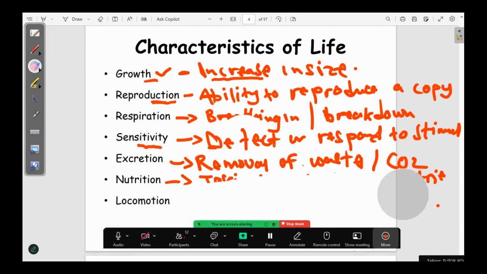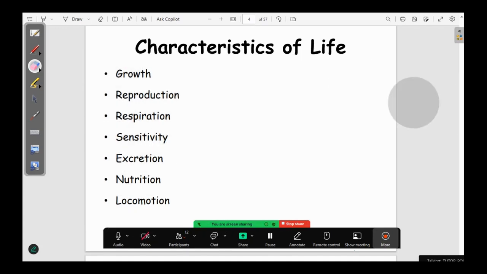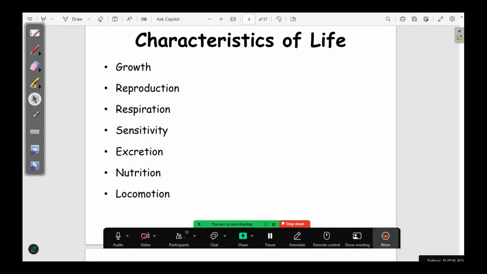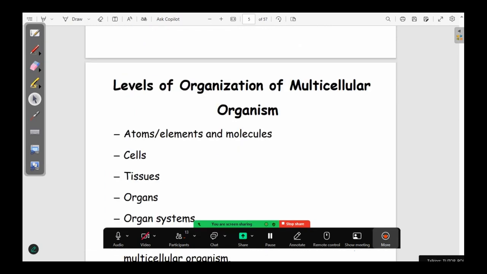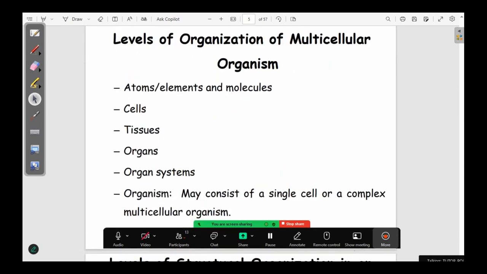Let's now move to the levels of organization. On the levels of organization, I'm specifically going to explain about cells, and then tissue, other stuff later. So levels of organization in a multicellular organism. The first level is the atoms and elements.